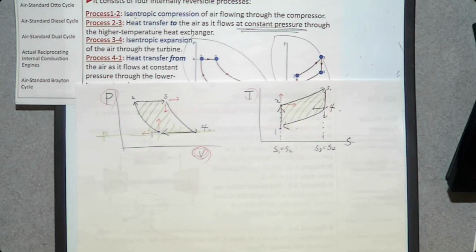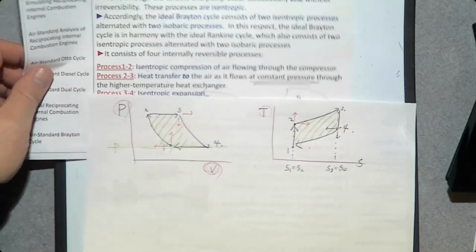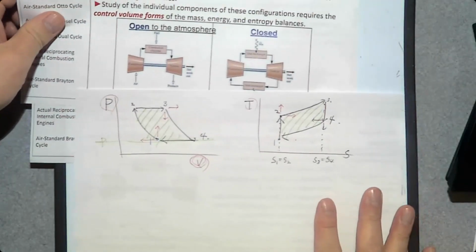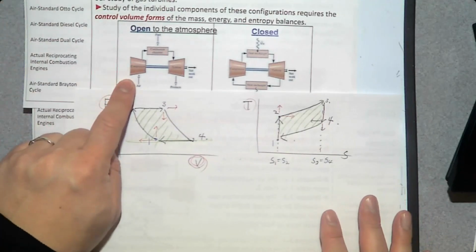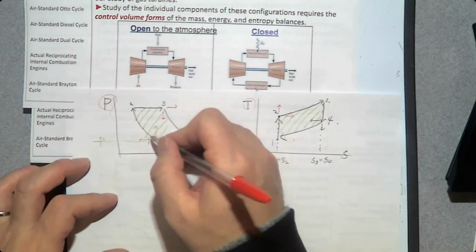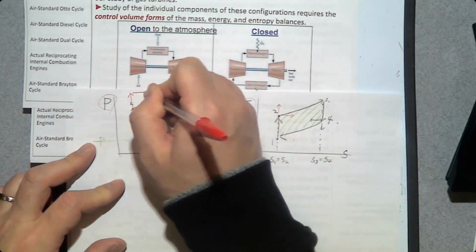So how can we improve the thermal efficiency of this Brayton cycle? Simply, we can compress the working gas even further. So we are increasing the pressure in the combustion chamber. So instead of this, we're going for even higher.